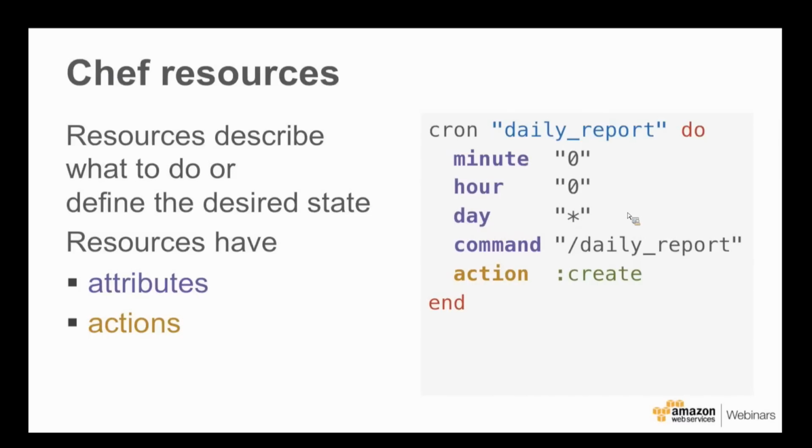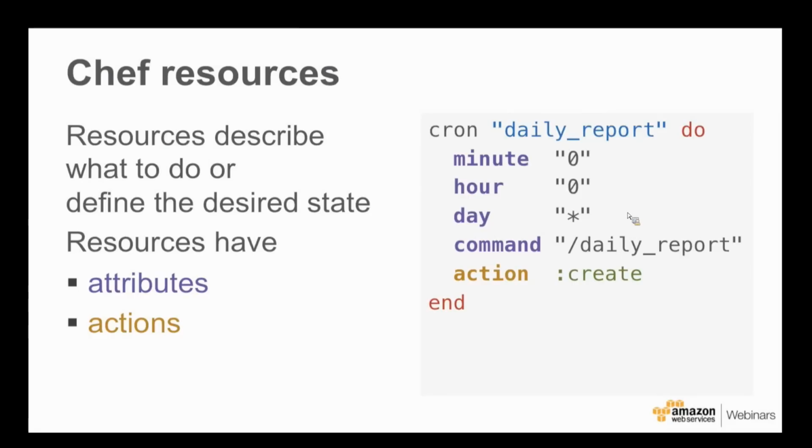In the attribute command, you can define which command to run at that point in time. And then the actions are something like create, update, remove, or delete, depending on the resource. There are many, many resources out there that you can use to create files, folders, users, basically everything you can do on the command line, including running just simple bash scripts.